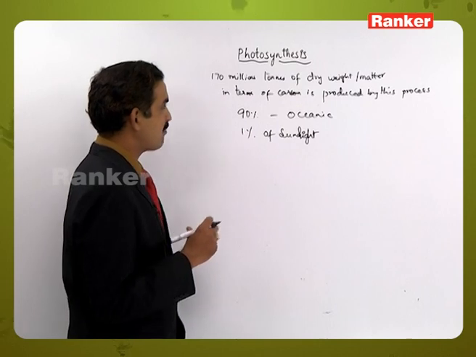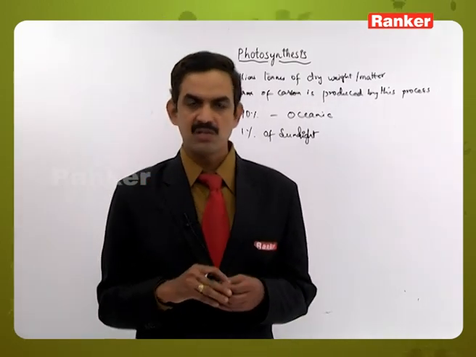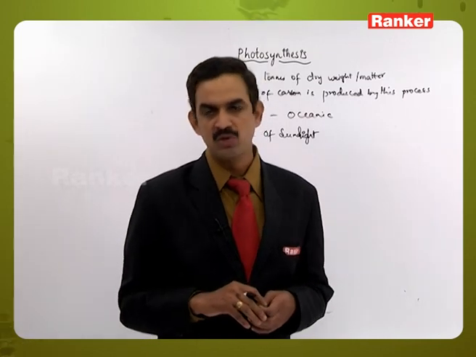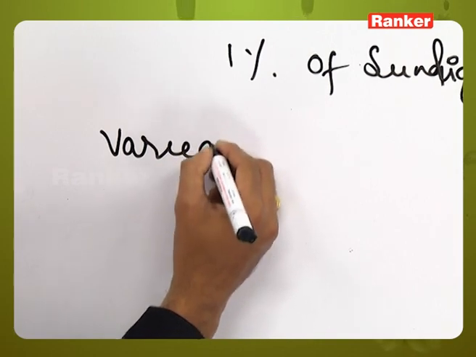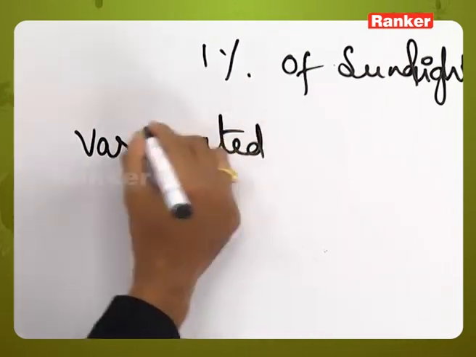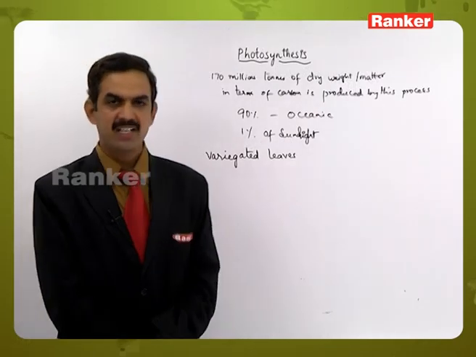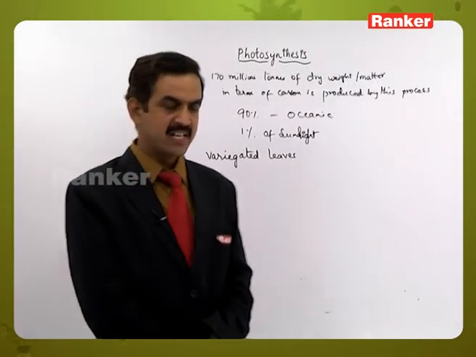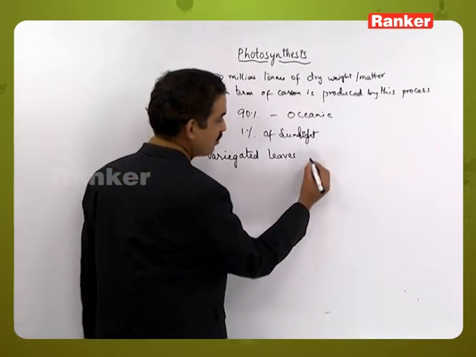There were many scientists who tried to find out the actual process, or which part is concerned with photosynthesis. They took variegated leaves, where some parts are green and some parts are non-green, and heated them in alcohol.